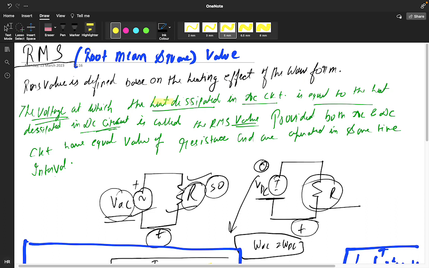The voltage at which the heat dissipated in the AC circuit is equal to the heat dissipated in a DC circuit is called the RMS value, provided both have equal resistance and are operated in the same time interval. It's a very important definition in a core company. In any core company they will ask you the actual meaning of RMS. Everyone will say root mean square, but they will ask the meaning of that, then you have to say this particular paragraph. Got it?